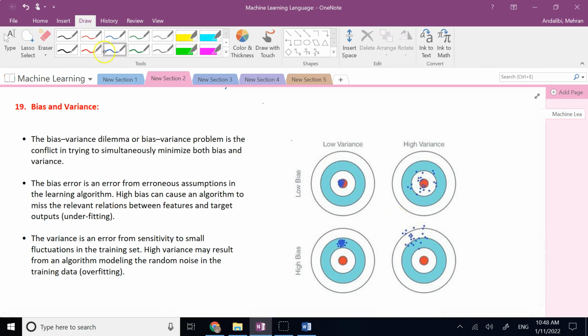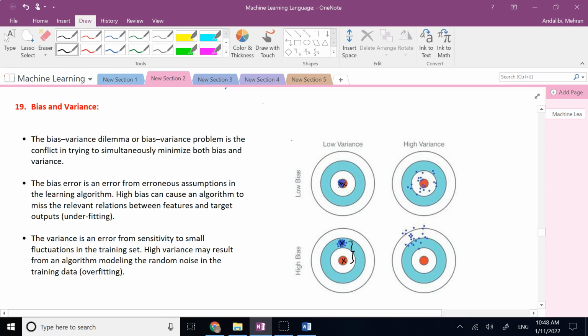So here you see the average of the data points, let's say you're shooting at a target board, and this cross here is the average of those blue points, while you should have shot here in the bullseye. So this big difference between the average of the real data and the desired data is called a bias. That's a big bias. While here I have a low bias because the center of the red circle and the center of the blue data are almost in the same place.